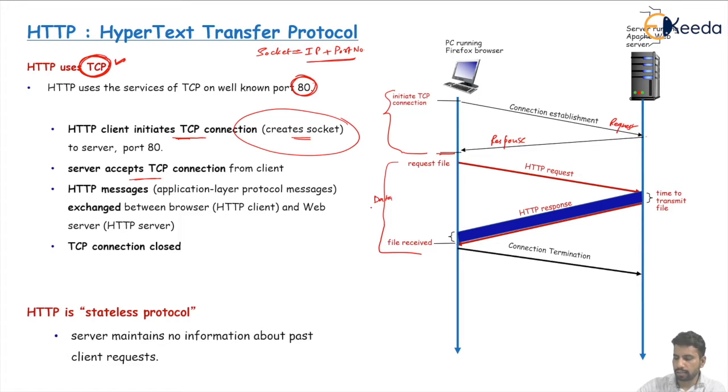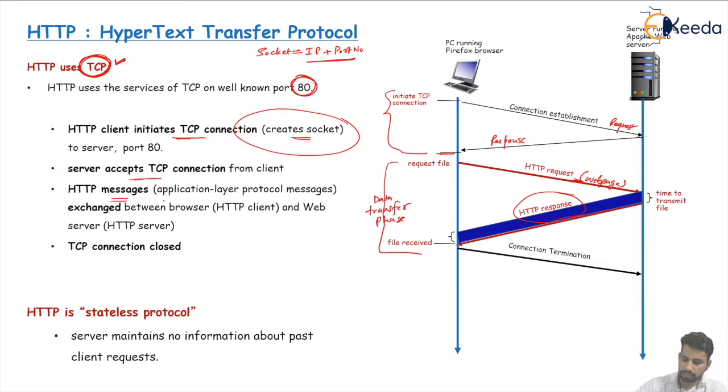In the data transfer phase, HTTP sends the request for the web page or the document and gets the particular response for that web page. Means you get the document or the streaming of videos, audios and these things.